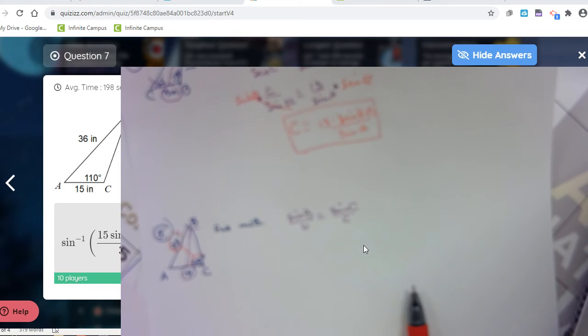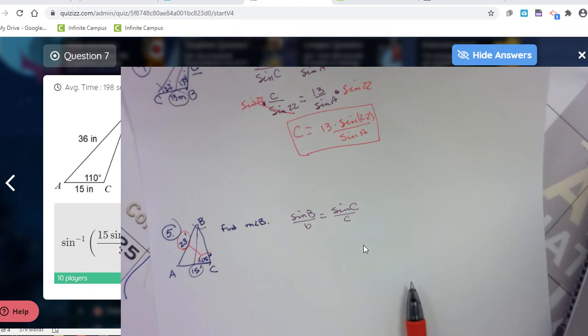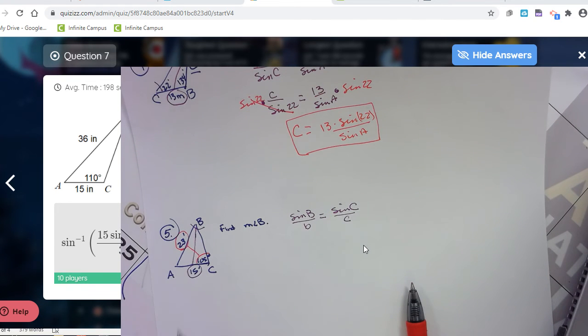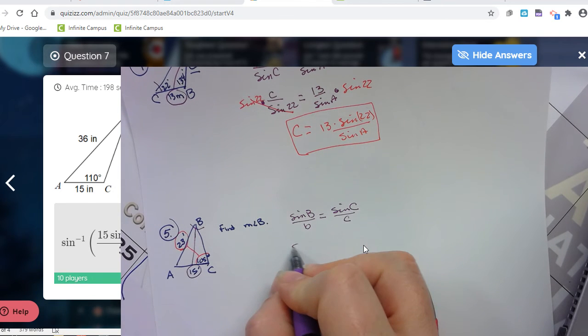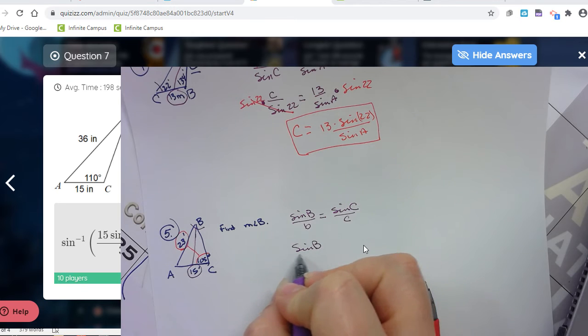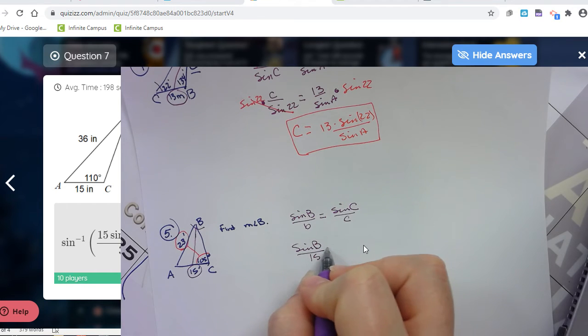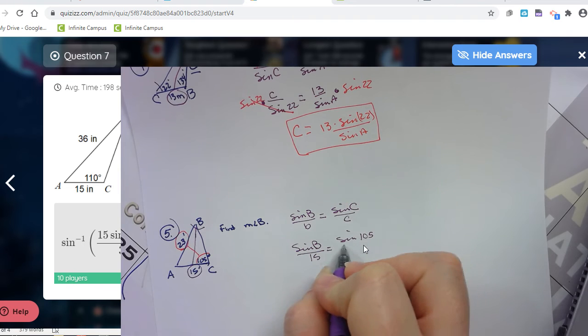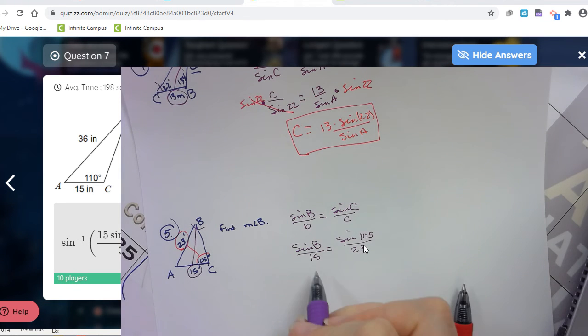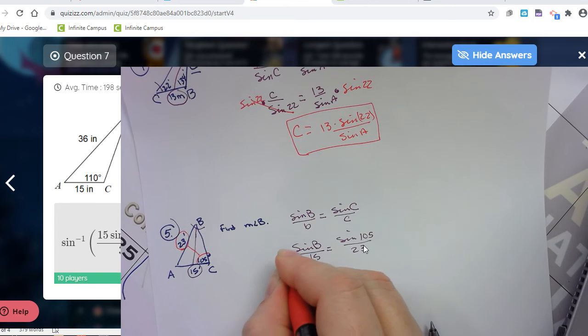And this thing should clear up in a sec. I will see if I can make it better. There we go. All right, so hopefully that's going to work now. All right, and so sine of B is what I'm looking for, over 15 equals sine of 105 over 23. And all I have to do to solve for sine of B is multiply both sides by 15.